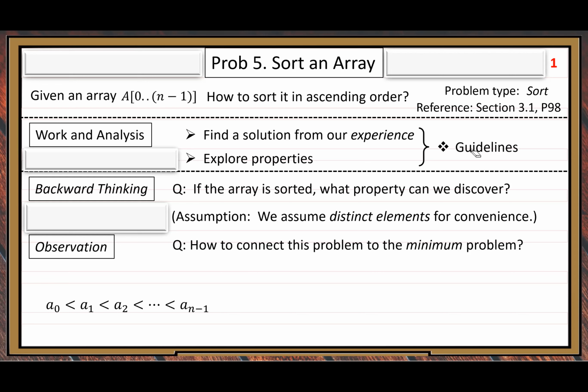Then the old solution can be used here. So that's the reason we want to connect. When you see that ascending order sequence, can you say something about the minimum problem solution? When you see the sequence, don't get into that detail.